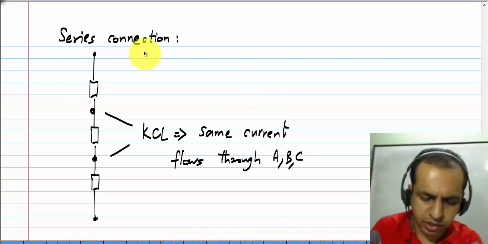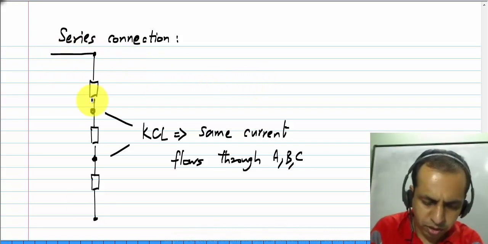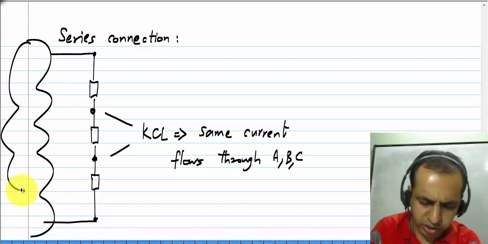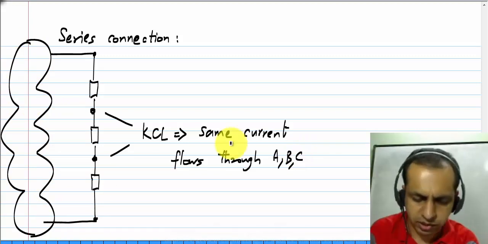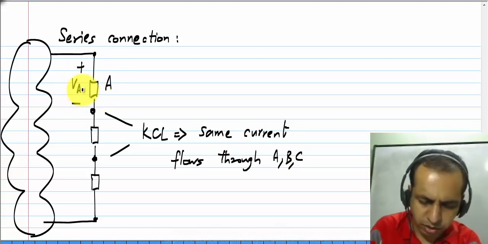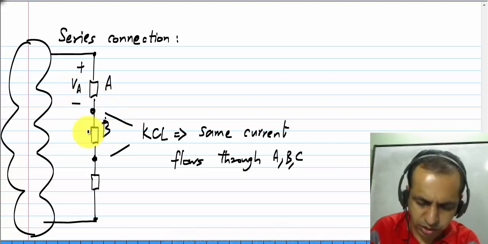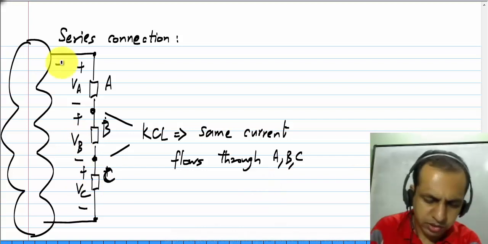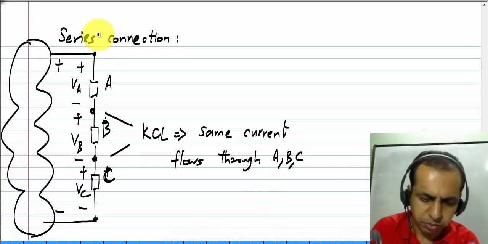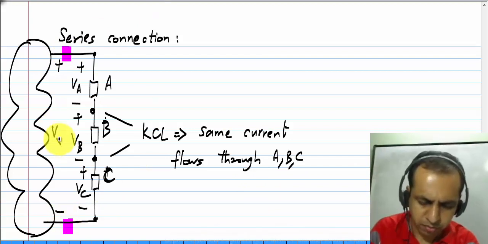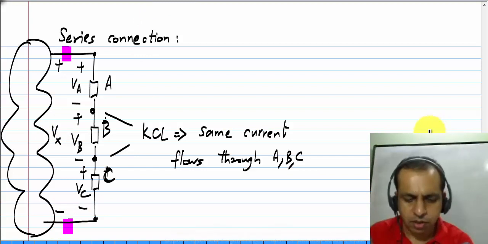And also the one thing you notice is that if you form a loop with something connected to this, it doesn't matter what it is, and you denote this voltage across A by VA, the voltage across the element B by VB, and this is the element C, this by VC, and let's say we denote the voltage between the upper and lower terminals by Vx.